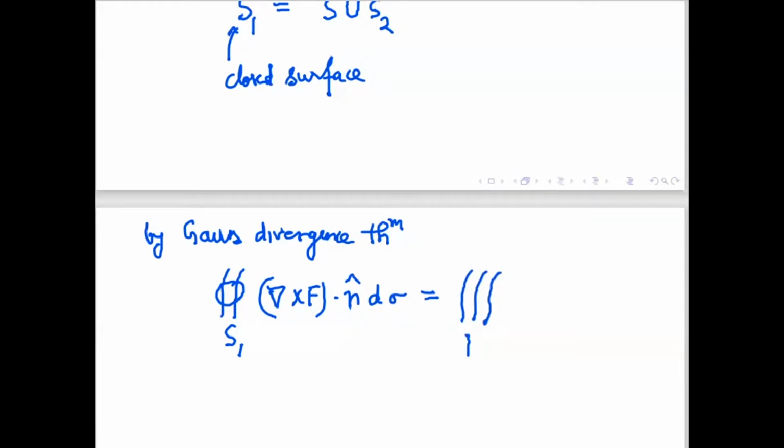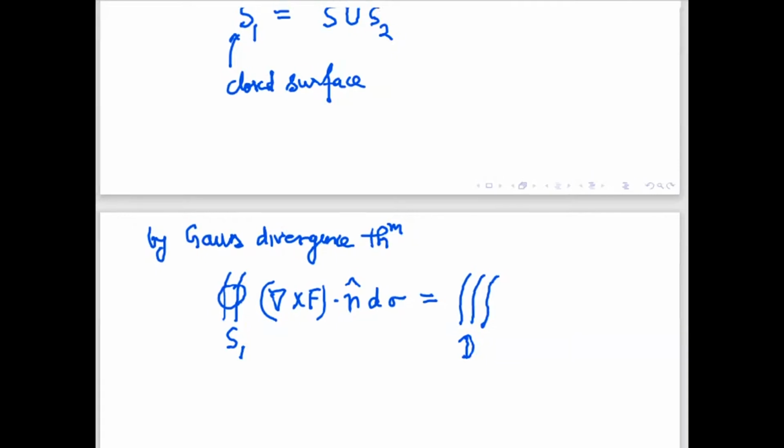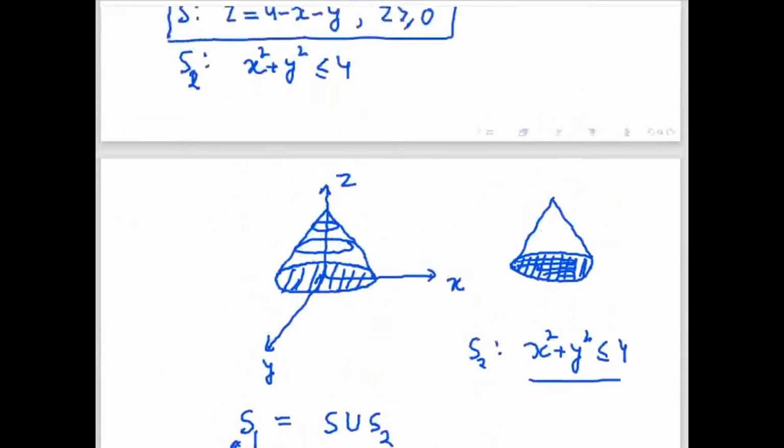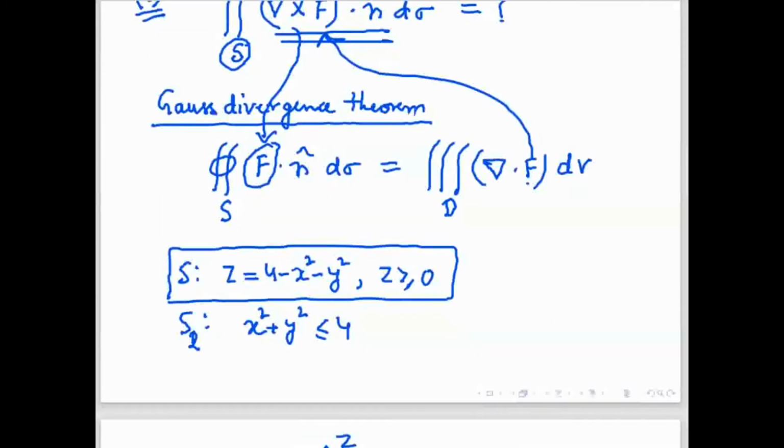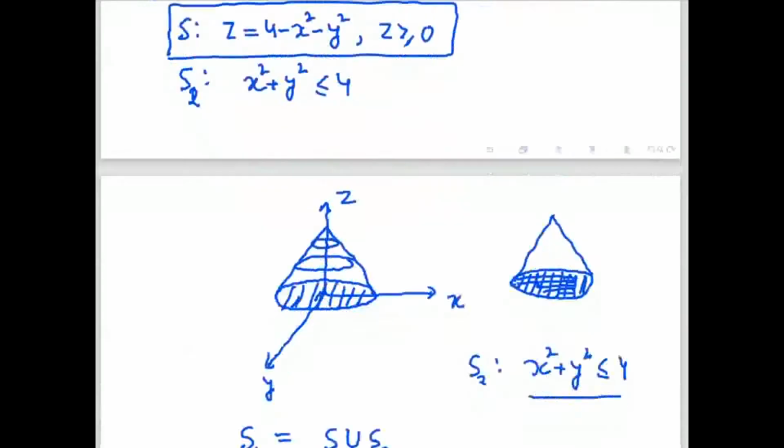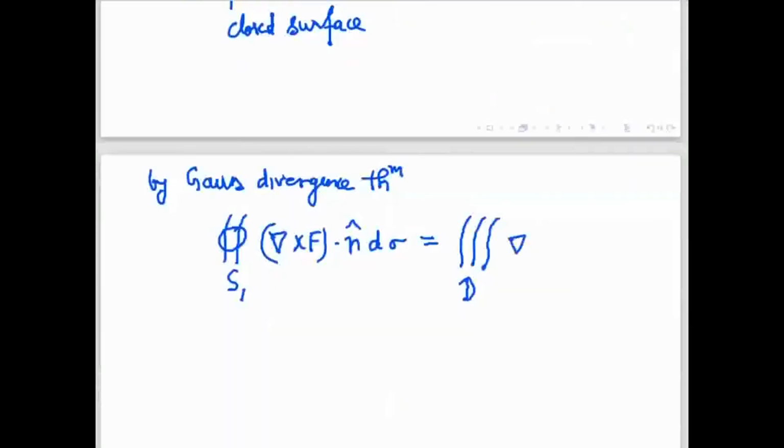Here I am writing D. D is the volume enclosed by this closed surface, because the surface is closed, whatever volume it encloses, that is D. And on the right hand side, instead of f I am putting del cross f, it will give del dot del cross f dV. This is by Gauss divergence theorem over the closed surface S1.